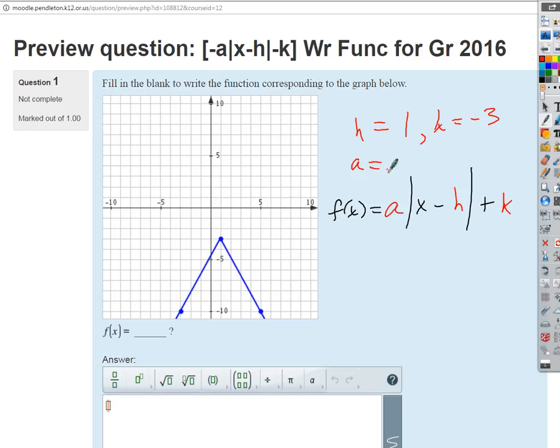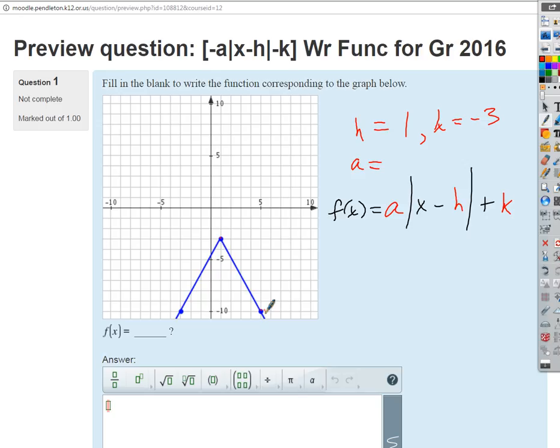Okay, what's A? How are we going to find A? It looks like 2, doesn't it? But it'd be negative, right? Except notice I've actually given you 2 points that are right on the corners of the graph. So I can take those 2 points and calculate the slope of the right leg.